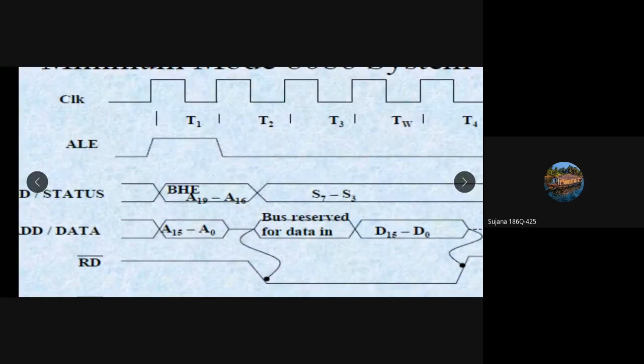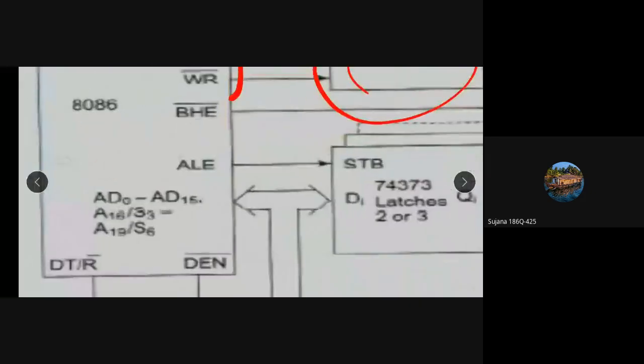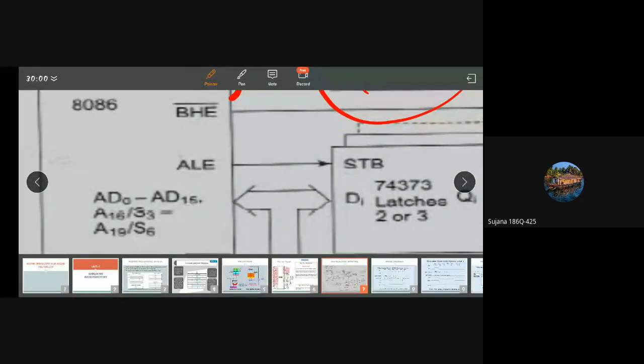Whenever the address latch enable gives a strobe on the latch signals, the address over the address data lines will get separated. This happens at T1 of the cycle. During T1, the address latch enable will be in the high state, active high, and it enables the latches to get activated.